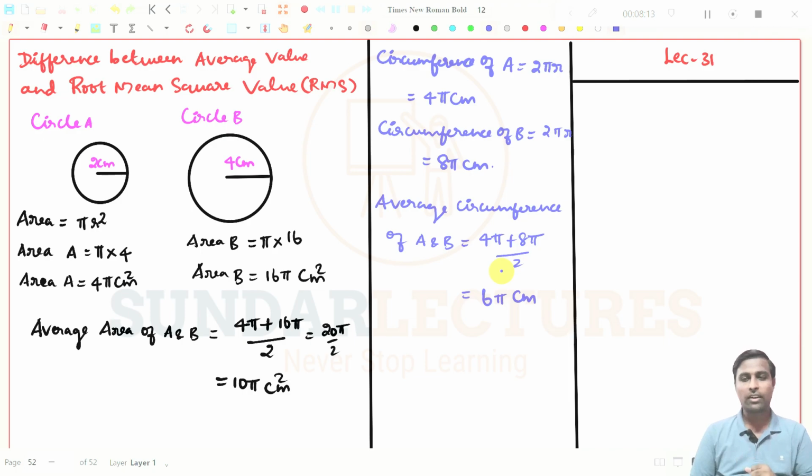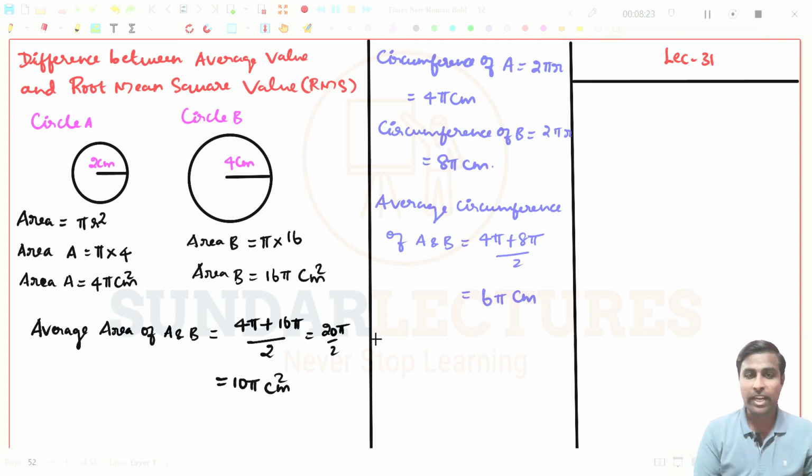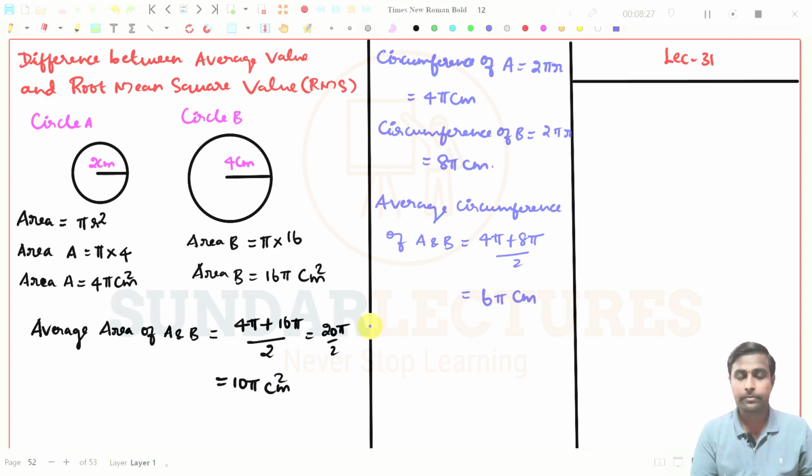Now we try to do it in a different way, right? Now what we will do, we try to get this value. First we need to find the average value of radius.